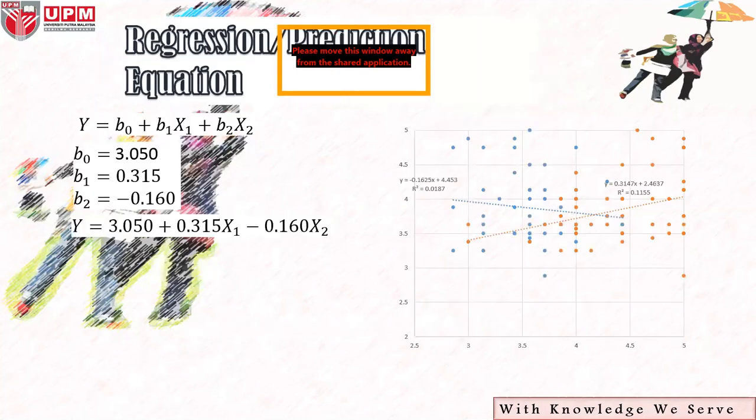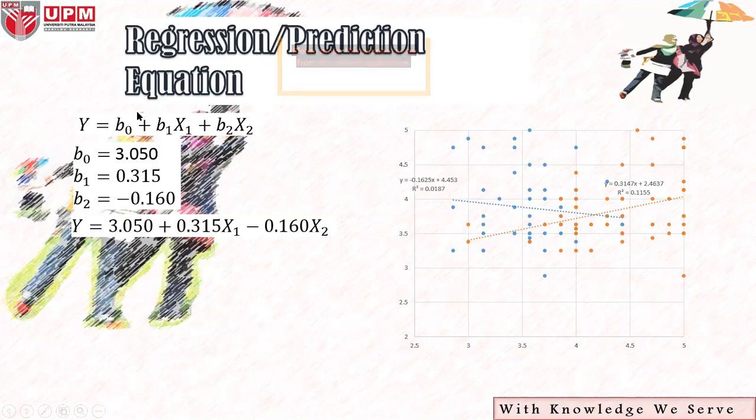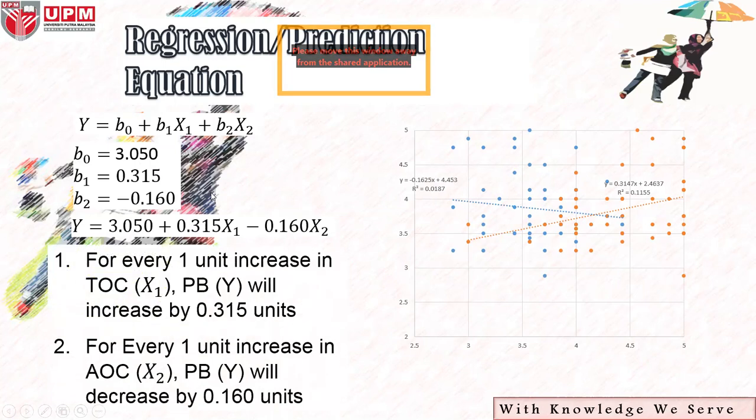Based on the prediction equation, we insert the values B0, B1, B2 under the unstandardized beta into the equation: Y equals 3.0505 for B0 plus 0.315 X1 minus 0.160 X2. This X2 is AOC, avoidance-oriented coping.